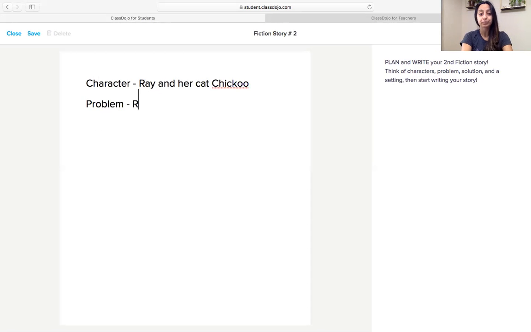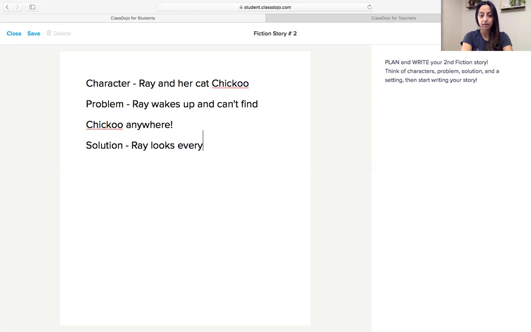Problem is that Ray wakes up and can't find Chiku anywhere. Now I need a solution. So I'm going to write my solution on the next line. My solution is that Ray looks everywhere and leaves a trail of treats. That's her solution. And then my setting is Ray's house on a summer morning.